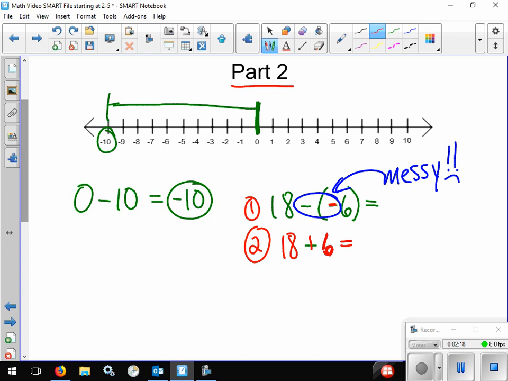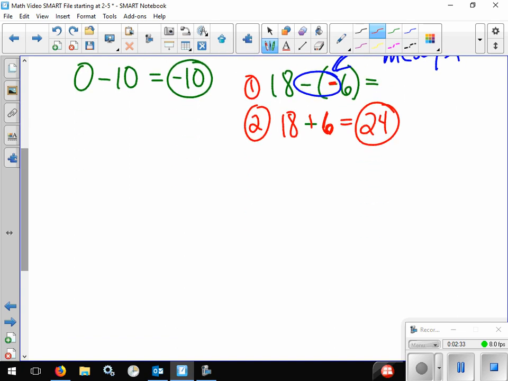Remember, when you subtract a negative, it becomes positive. So you add and you get 24. When you subtract a negative, you get positive 24. When you subtract a negative, you add.